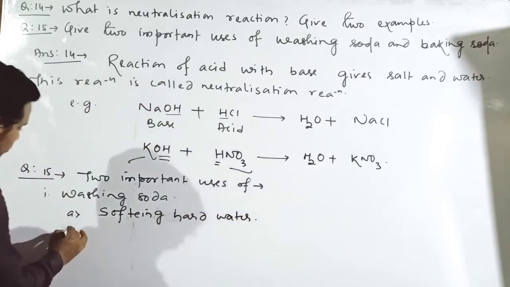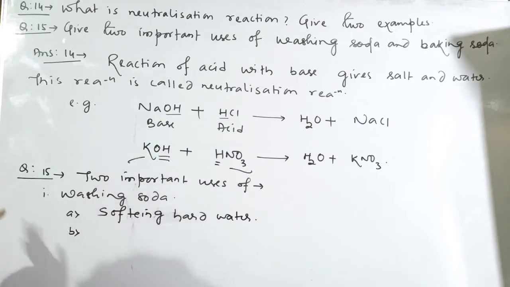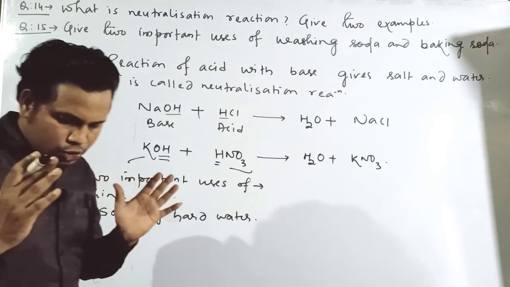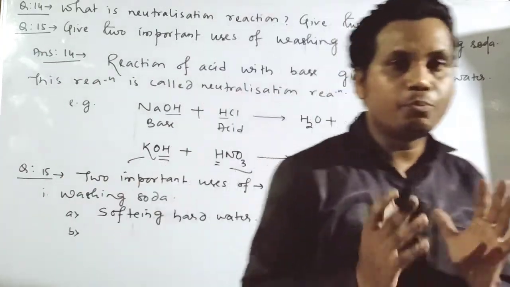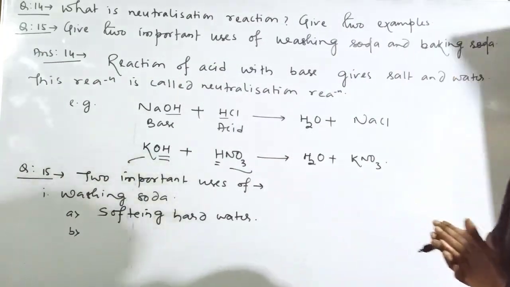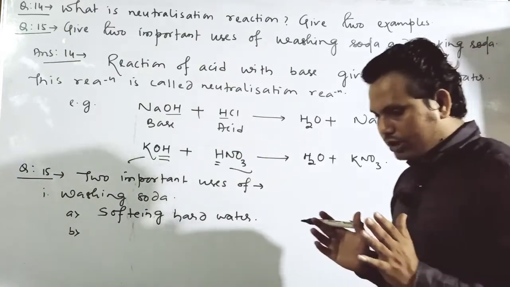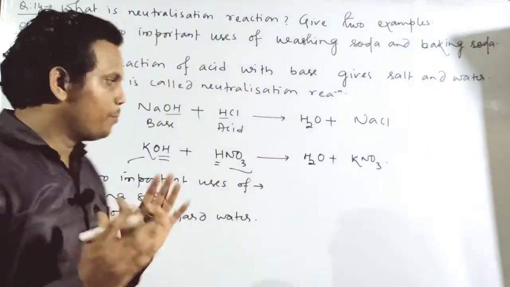And one more use of washing soda. So it is used in, you can say, preparation of glass, paper. It is used to manufacture glass, soap, paper.